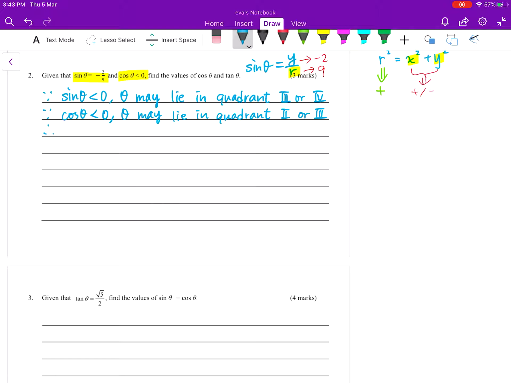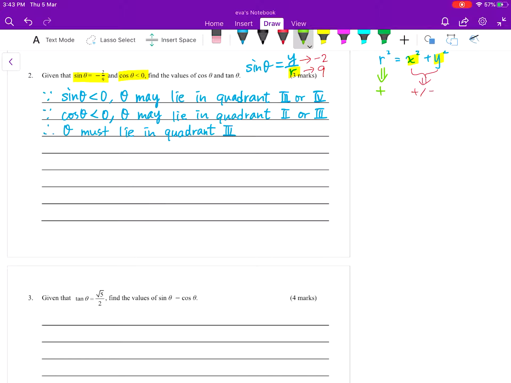Because of the reasons above, we can decide that theta must lie in quadrant 3. That means both x and y are negative.